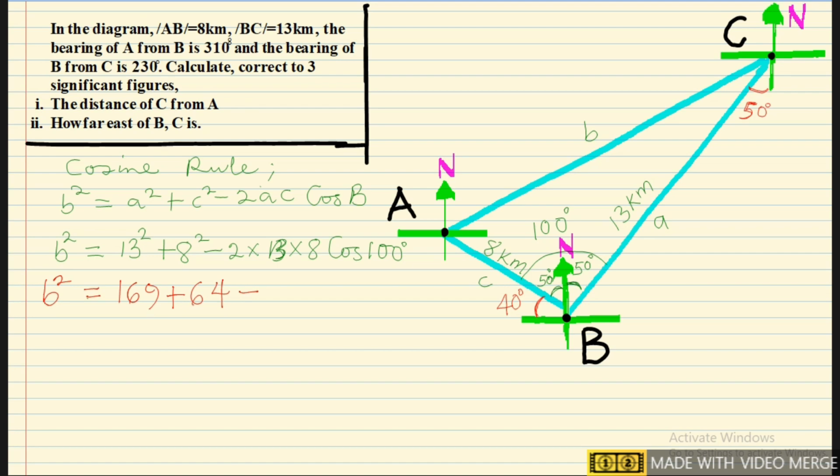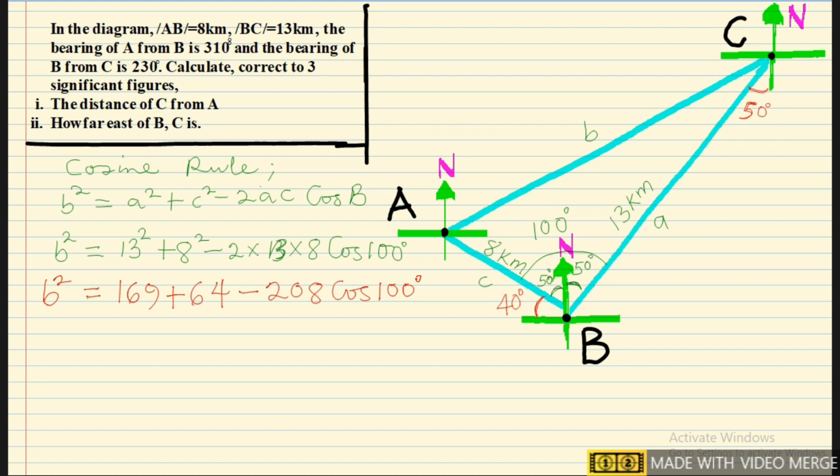You don't handle it wrongly. What you do there is just 2 times 13 times 8 first, and there we have 208 cos 100. From here you can just compute 208 cos 100 together.